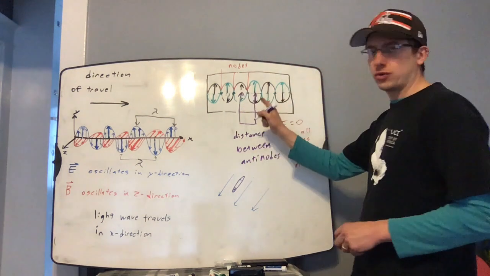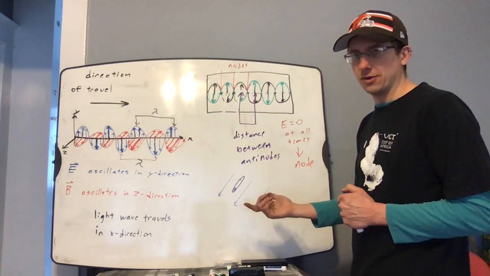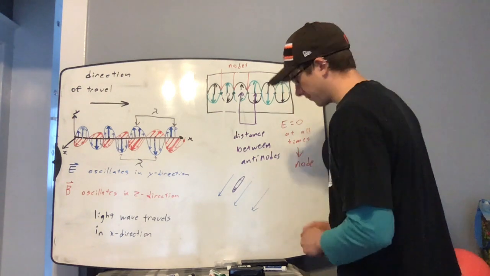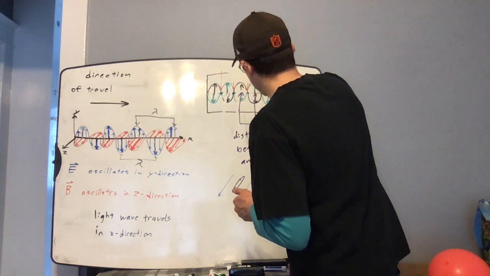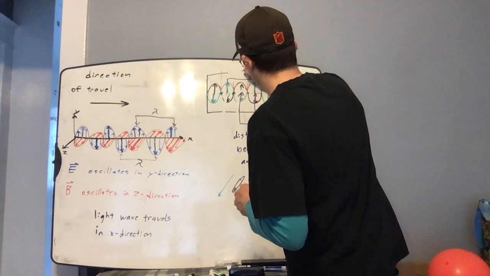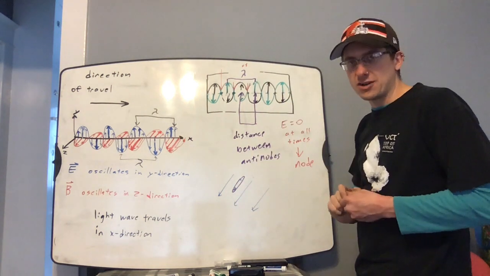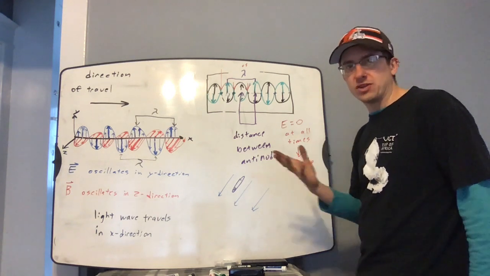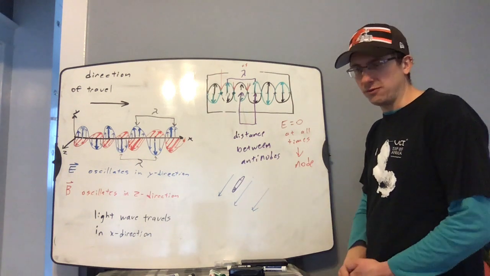Well, the distance between antinodes is just going to be 1/2 the wavelength of the light in the microwave, because the wavelength of light is going to run from peak to peak. So the wavelength is double the distance between antinodes. If I know the distance between the antinodes and the frequency of light in the microwave, then I could use that to calculate the speed of light.